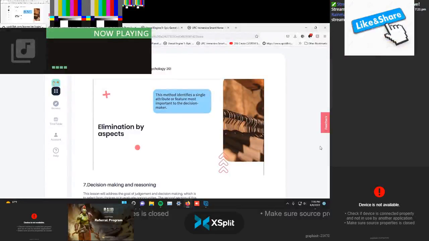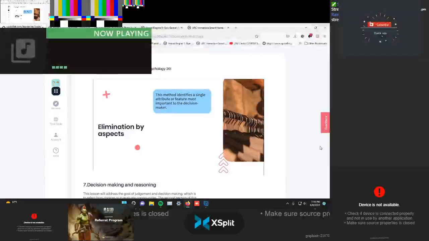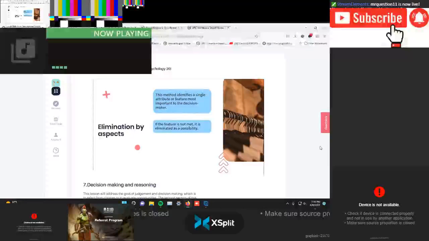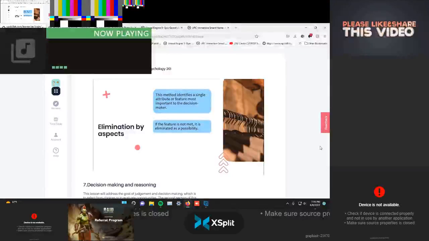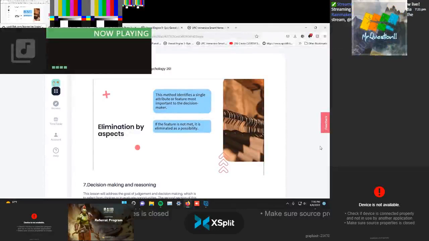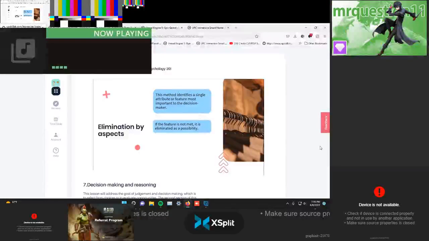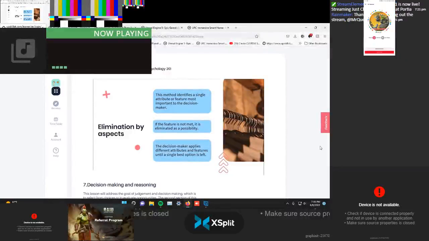When that feature is not met by the option, then it is eliminated from being a possibility. The decision maker applies different attributes and features until a single best option is left.